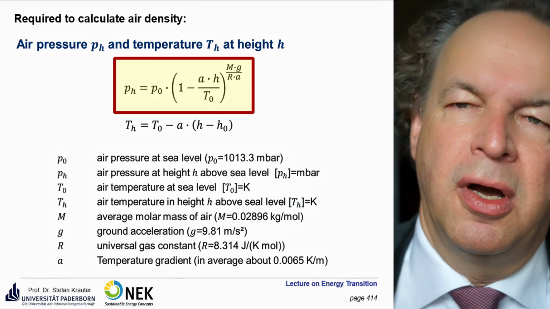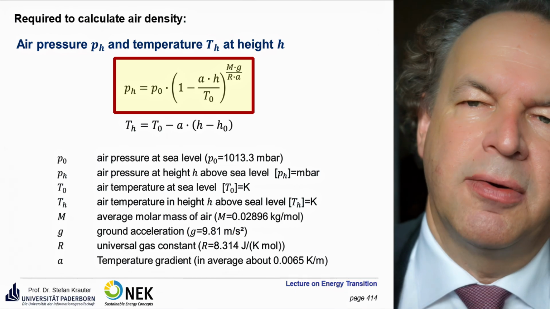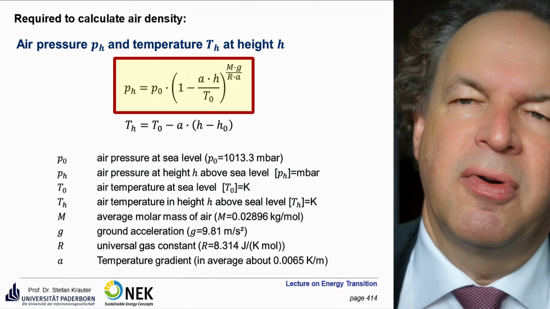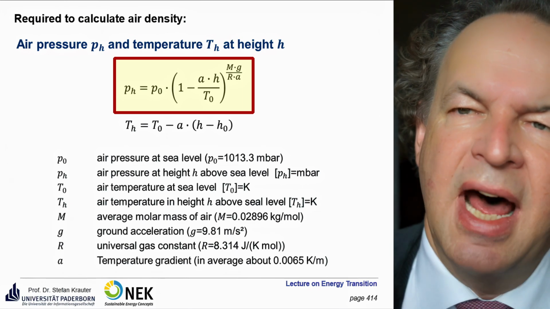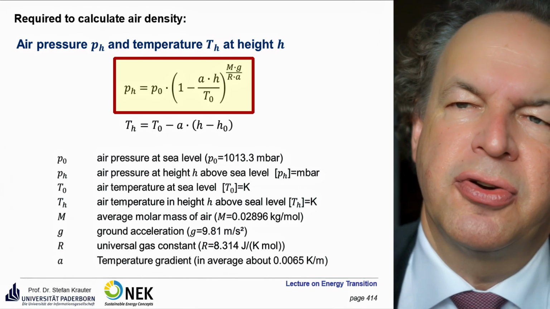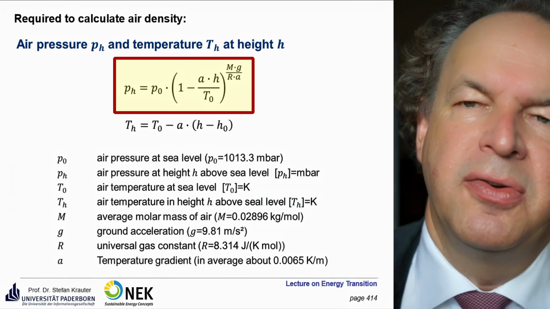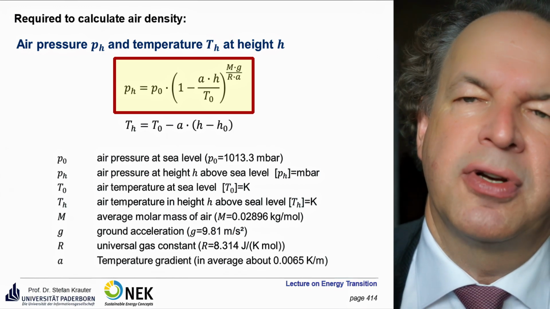You have R, the universal gas constant. You have the ground acceleration. You have the average molar mass. For example, for air, it's 0.02896 kilogram per mole. You have the air temperature at a certain height. You have the air temperature at sea level. You have the pressure both at sea level and at the certain height h.